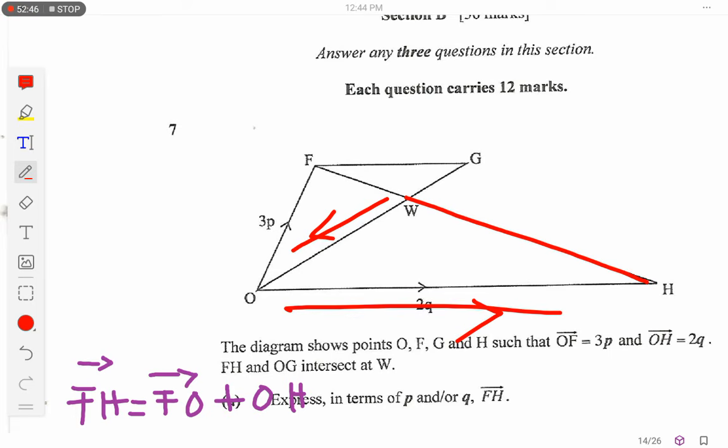Okay, so you find out our WH is going to be minus OW, because we calculated OW. We once calculated OW, if you remember. So it's going to be minus OW plus OH.